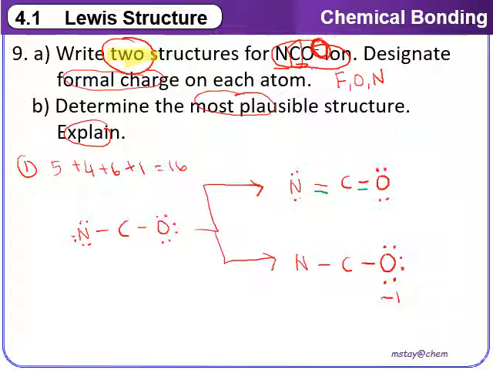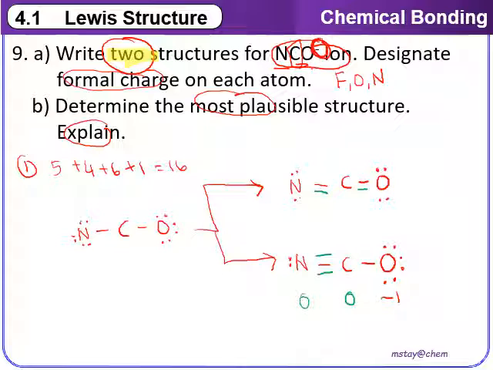So in this case, 2 lone pair electrons from the nitrogen will move to form a triple bond with carbon, so that the total number of valence electrons still remains 16, and then each of them has the lowest formal charge. Nitrogen 5 - 5 is 0, carbon 4 - 4 is 0, and then oxygen 6 - 7 is -1.